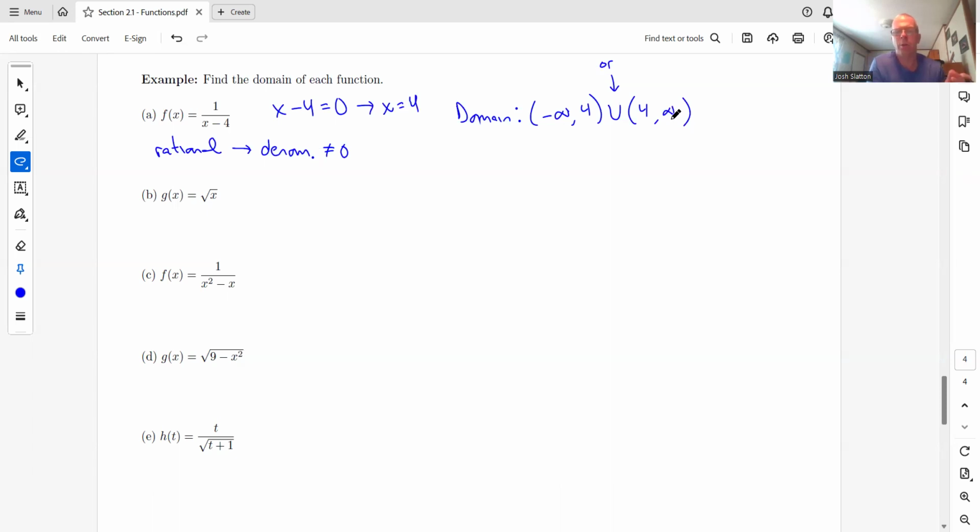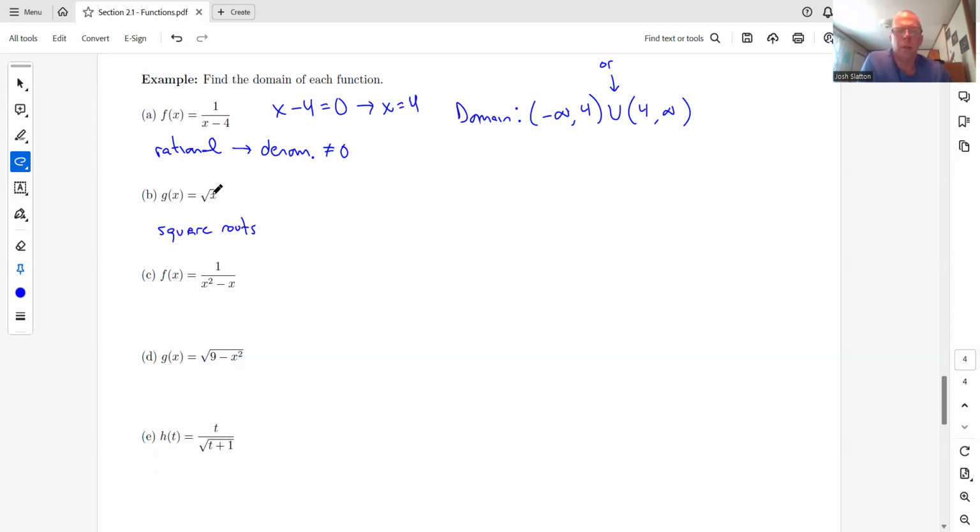So whenever you have a rational function, that is all you have to do. What about a square root? What do you know about square roots? We're dealing with real numbers here. With square roots, you cannot take the square root of a negative number if you're only dealing with real numbers.